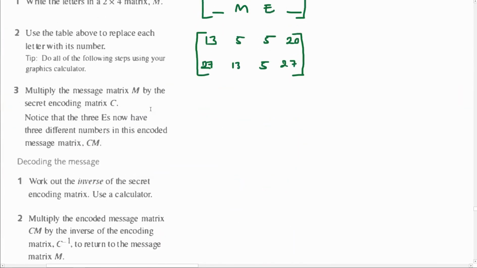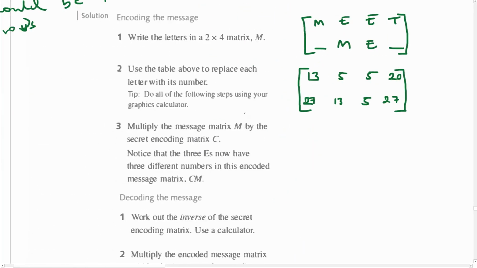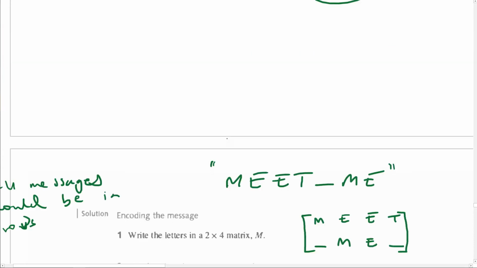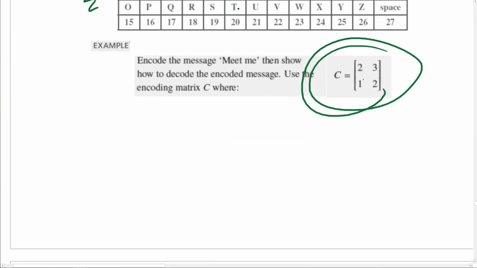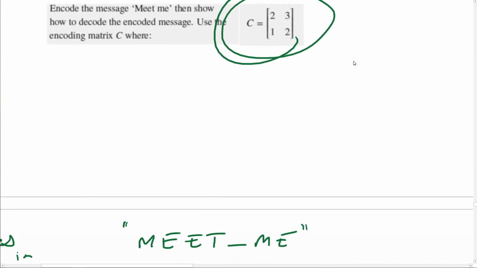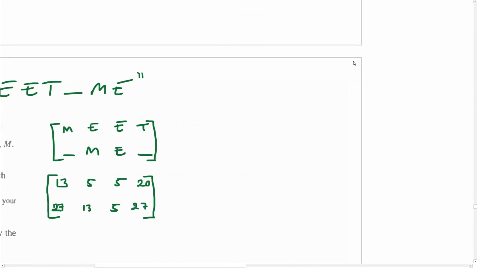But now how do we encode this? The next part is to encode the message. You need to multiply it with matrix C, which is the coding matrix, this guy. C equals 2, 1, 3, 2. So this coding matrix is 2, 1, 3, 2.